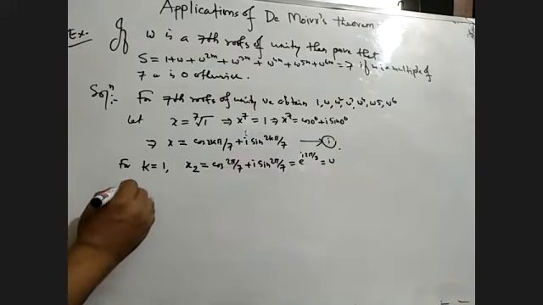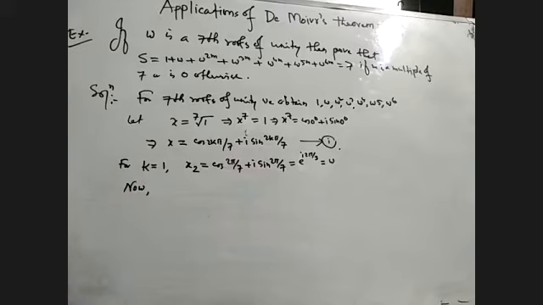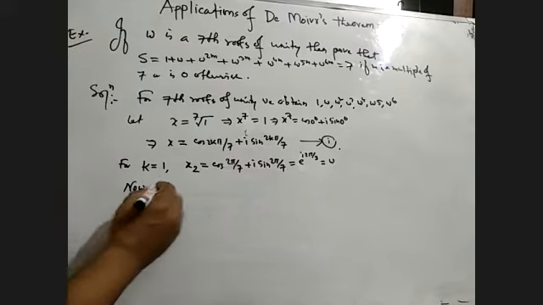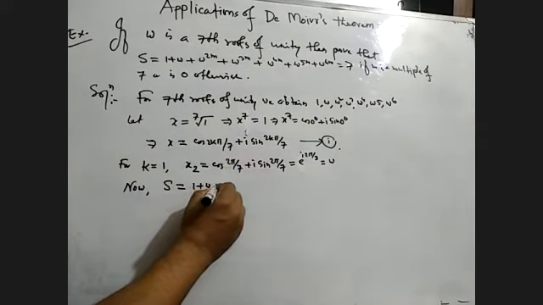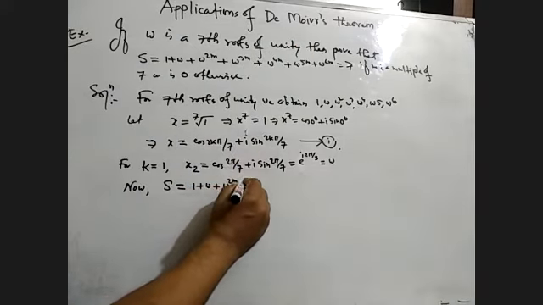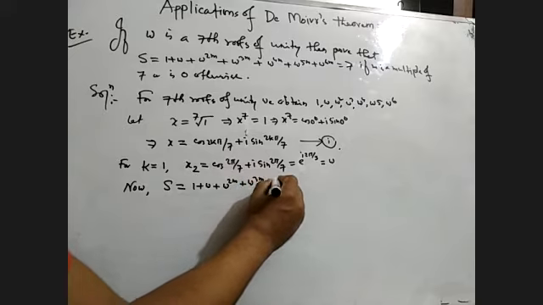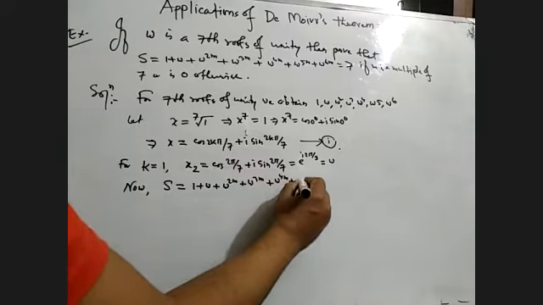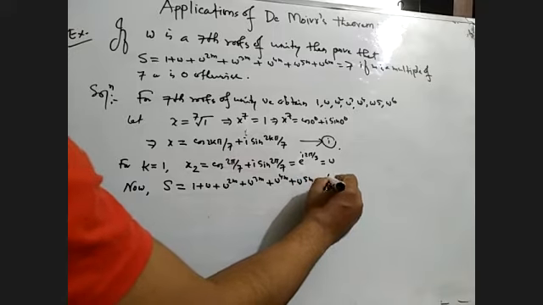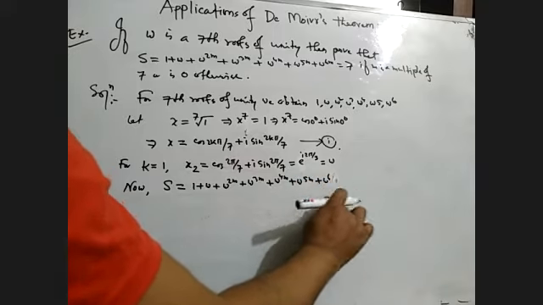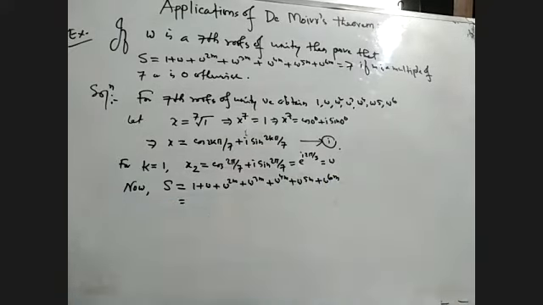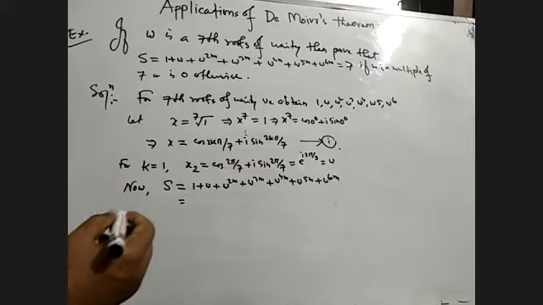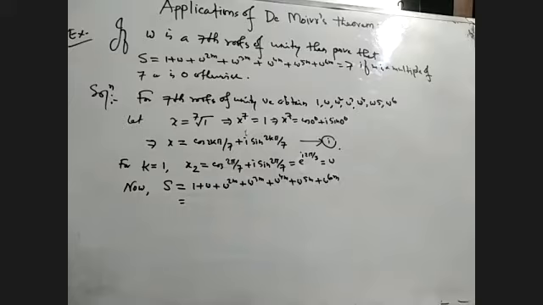Now, the total sum S equals 1 plus omega to the power m, omega to the power twice m, omega to the power thrice m, omega to the power 4m, omega to the power 5m, omega to the power 6m. This is actually a geometric progression.